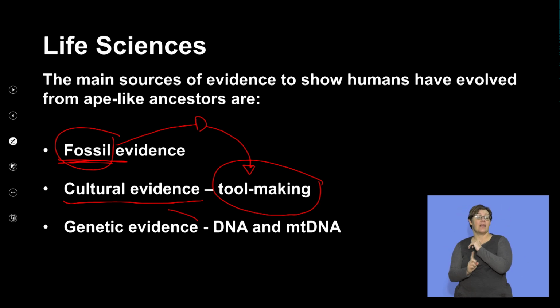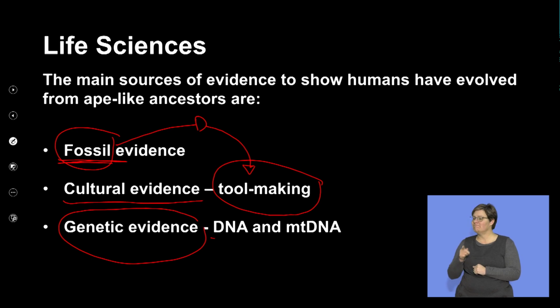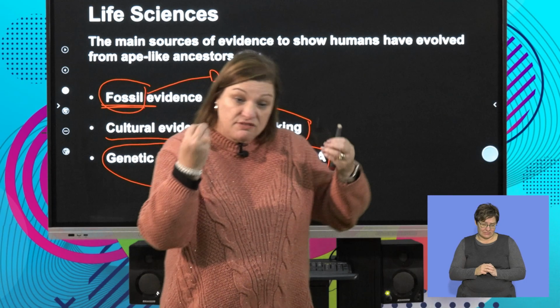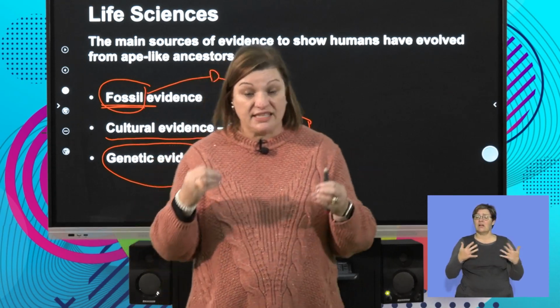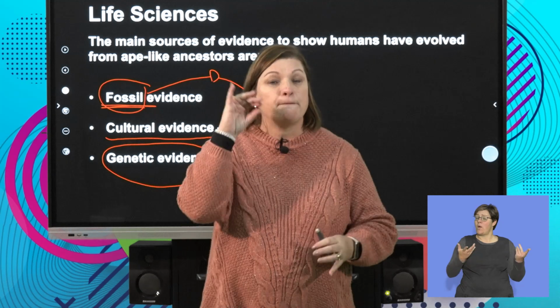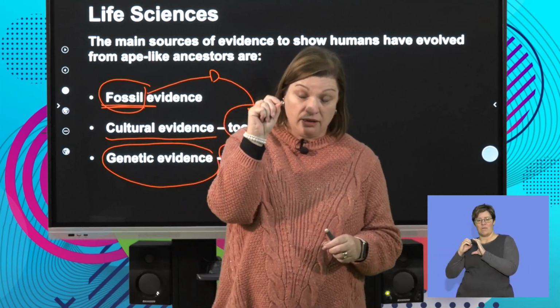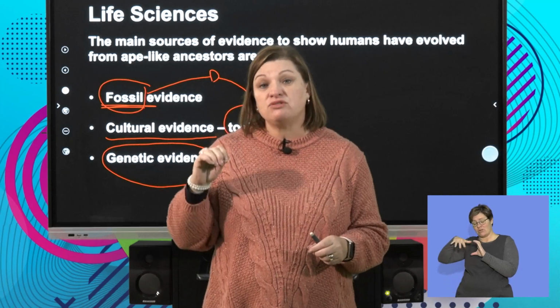And then the last bit of evidence that we look at, and this is pretty much when we look at out of Africa, is genetic evidence. How similar are we genetically? And here, when it comes to human evolution, we rely a lot on mitochondrial DNA. Remember, the DNA, deoxyribonucleic acid, is found in the nucleus, but the mitochondria in itself has its own little ring of DNA called the mitochondrial DNA.